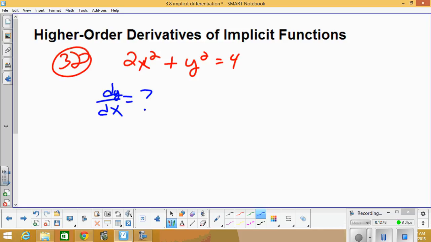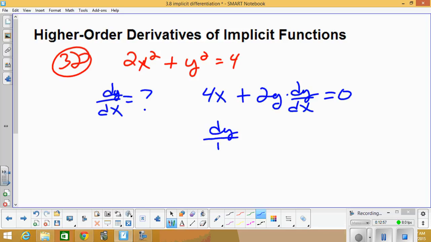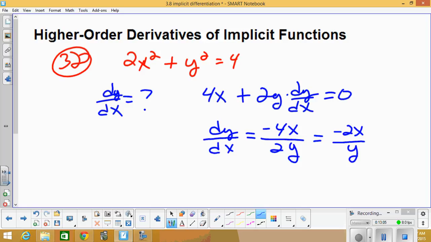I'm going to take the first term's derivative plus the second term's derivative, remembering the chain rule, and the derivative of the other side. Solving for dy dx. Simplifying it when you can, and this would be its derivative.